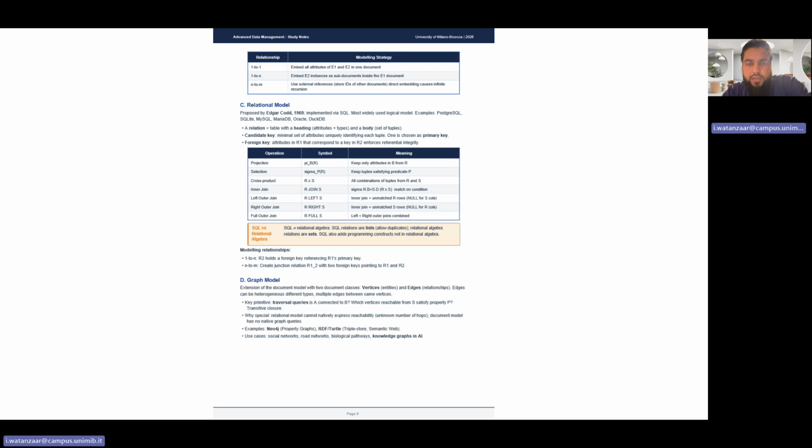Right outer join is the opposite of the left. So here we are applying the inner join and the unmatched S table rows, with null for the R columns. Full outer join means they are taking both the left and right outer joins combined. And this is the last one we have seen. These are the operations of the relational model.